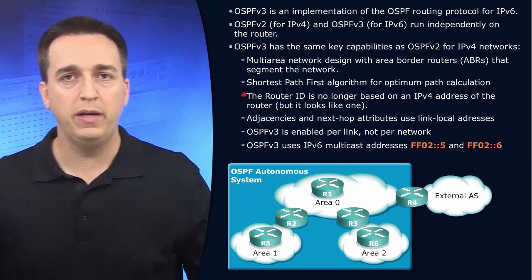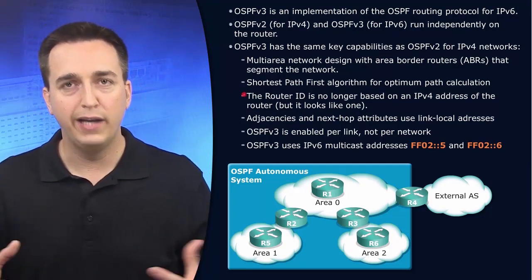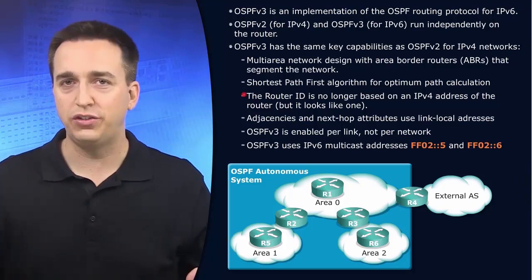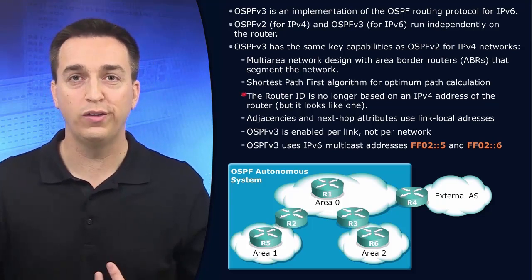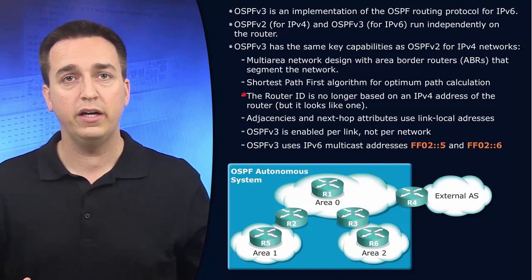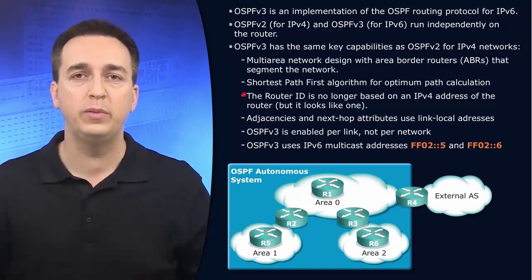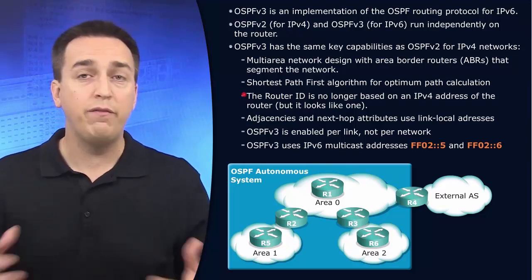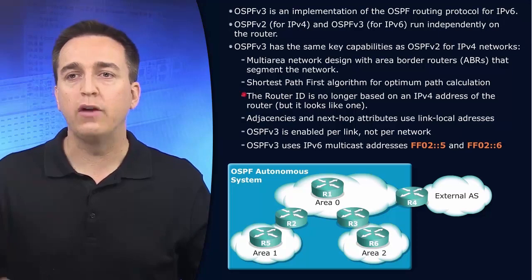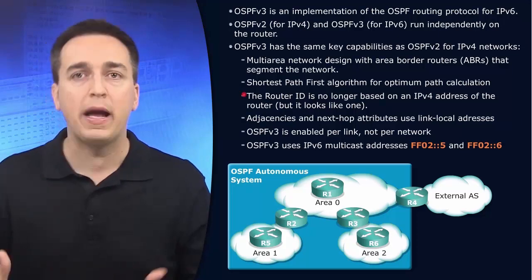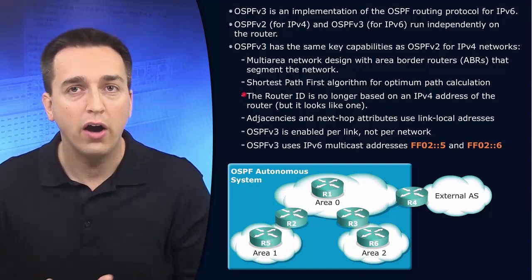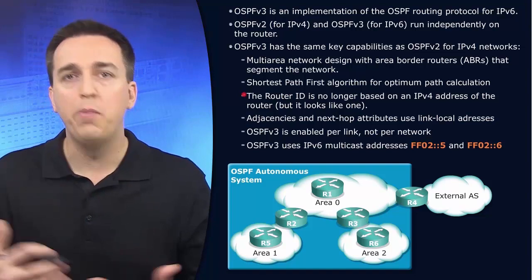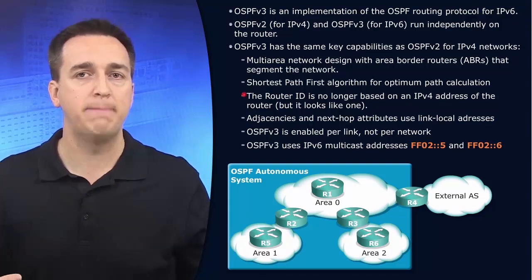Now the router ID in OSPFv2 was an IPv4 looking address. How was it determined? First of all, the router looked for the router ID command. Is the router ID command configured? Yes. Use that 32-bit address that looks like an IPv4 address as the router ID. If you did not manually configure it with the router ID, then the router looked for loopback interfaces. Are there any loopback interfaces with IPv4 addresses? If there are, use the IPv4 address that is the highest amongst all the configured loopback interfaces as the router ID.